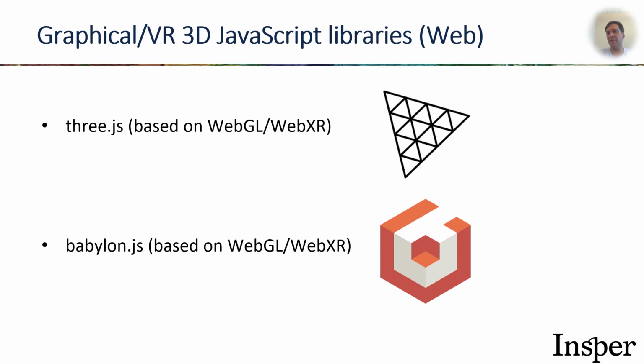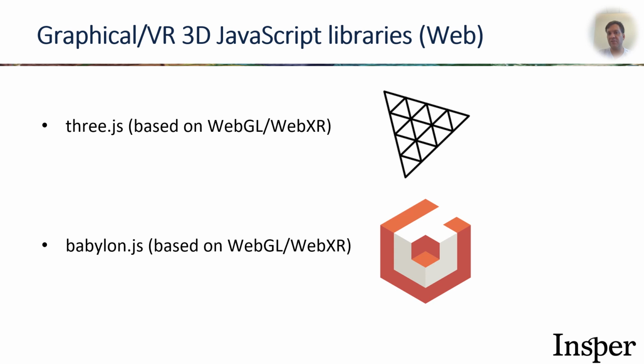If you're planning to develop graphics for the web, well, WebGL may be a little challenging, especially if you are new to computer graphics or virtual reality. In this case, I recommend using a higher level API. The two most renowned high-level APIs for web graphics are Three.js and Babylon.js.